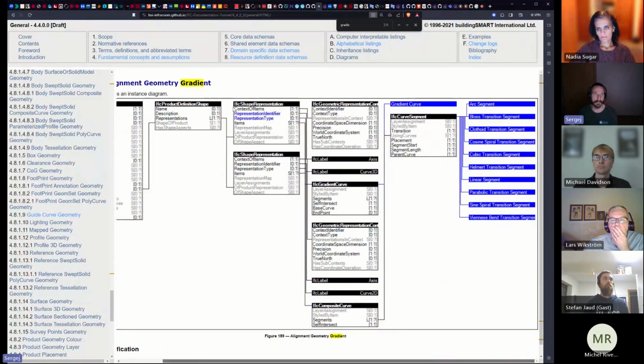structure. It assigns a shape representation with gradient curve to IFC alignment.